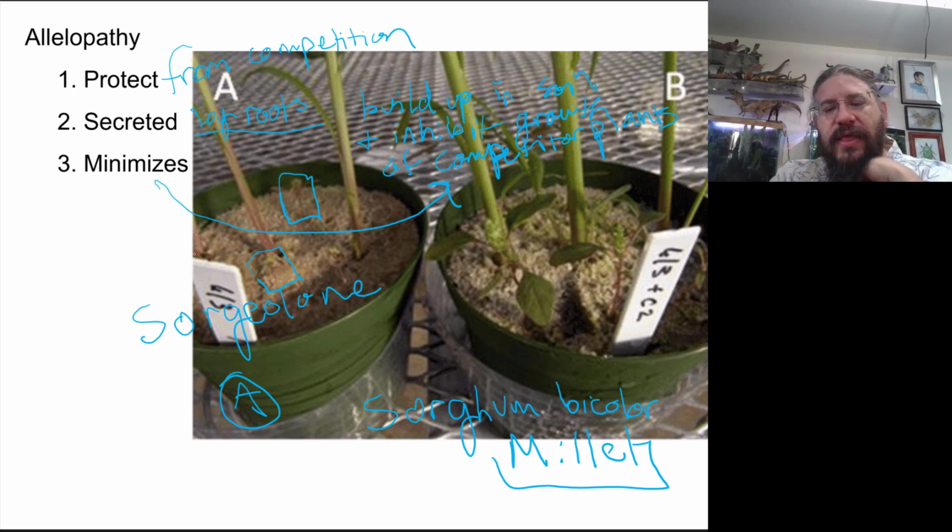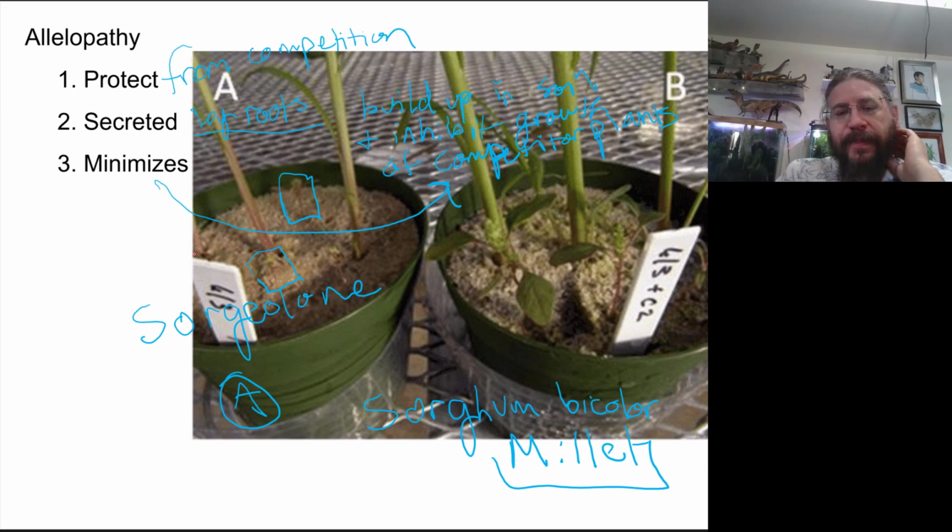And here in this one, they have sorghum in its native sandy soil substrate, and then they amended the soil with activated carbon, which breaks down that allelopathic chemical. It breaks down sorgoleone. Man, that sounds like an Italian movie maker who made westerns in the 70s.